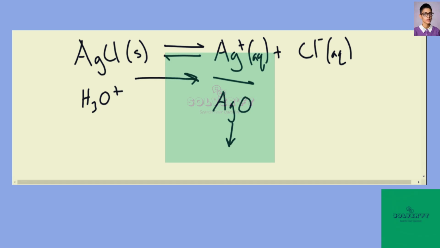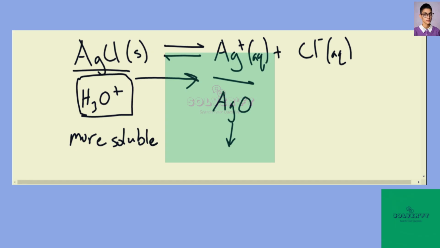It will go more towards the products. And so by adding H3O+, it makes the silver chloride more soluble. And that is because of Le Chatelier's principle.